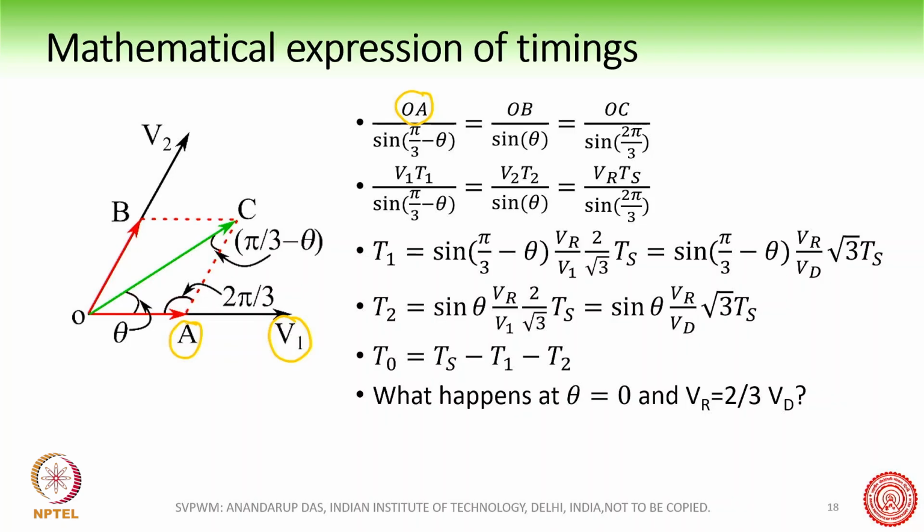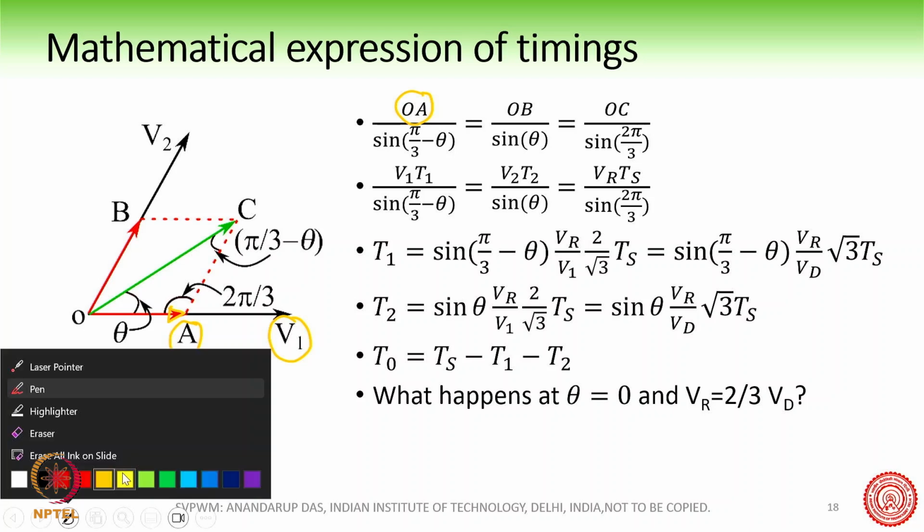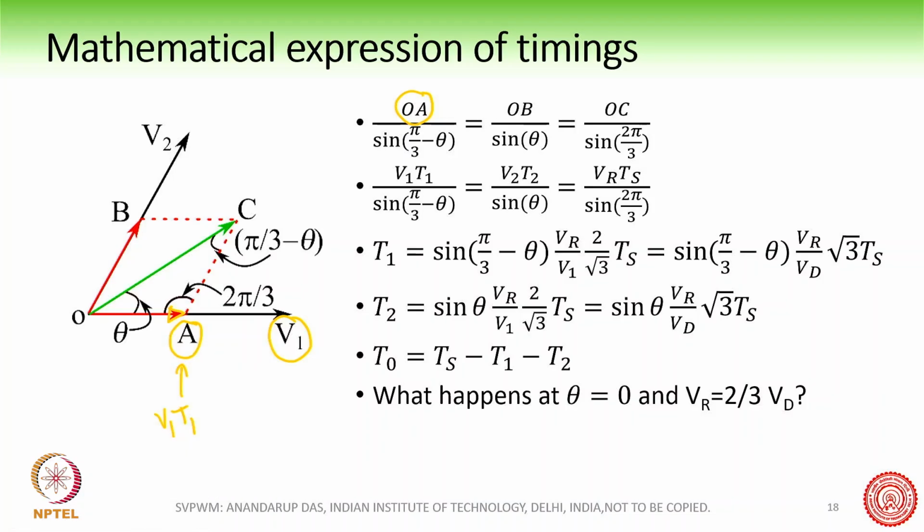Similarly, if you switch V2 for T2 time period, then you produce this vector OB. OB is V2 into T2 and OA is V1 into T1. What is OC? OC is the resultant, this is VR into TS time period.